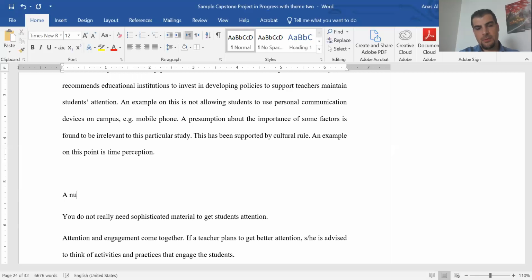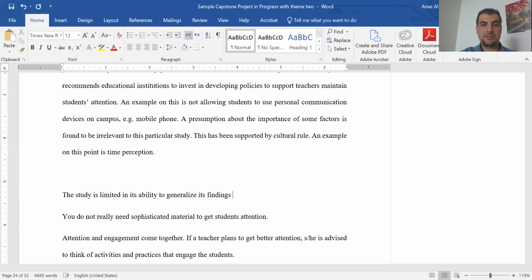A number of... the study is limited in its ability to generalize its findings.